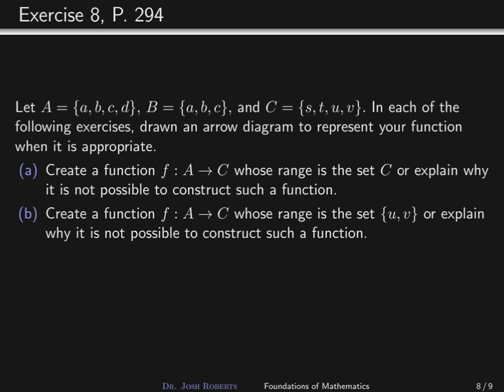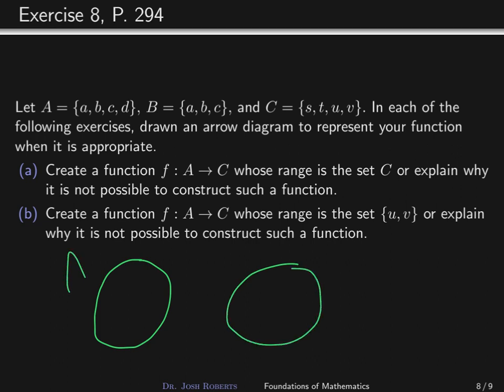Now for this example, can you do it where I have A, B, C, and D, and now I want the range to only be U and V. So your picture is going to look something like this. I'm going to use a different color because I'm getting tired of the red and the blue.